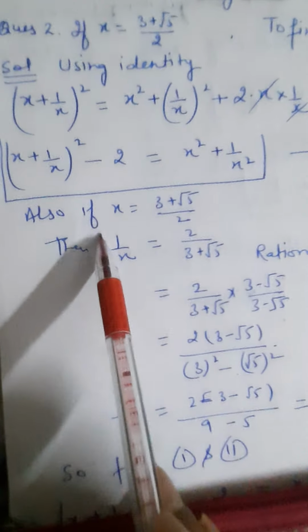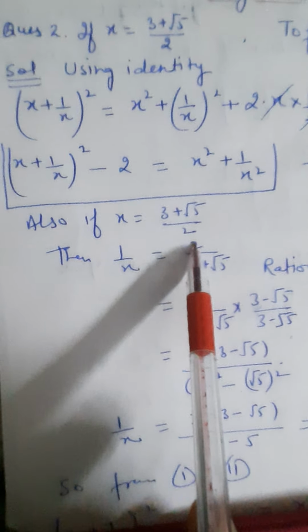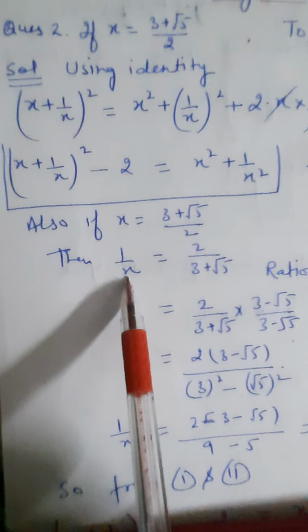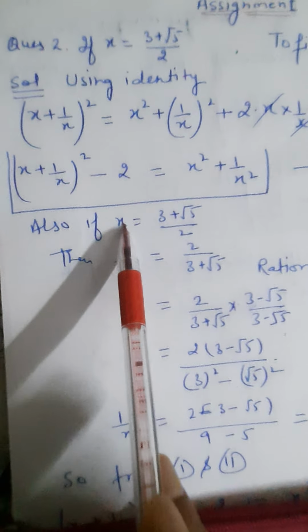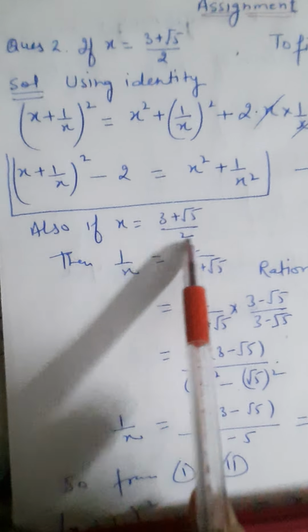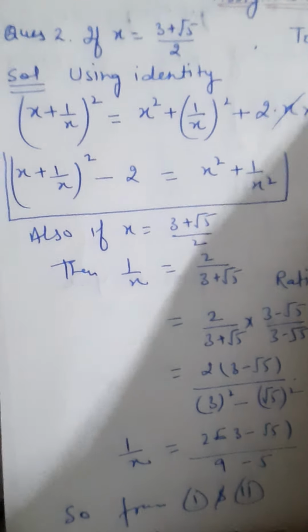Further, बच्चे, x is given as 3 plus root 5 upon 2. So what will be 1 upon x? 1 upon x will be just the reciprocal of x, that is 2 upon 3 plus root 5.